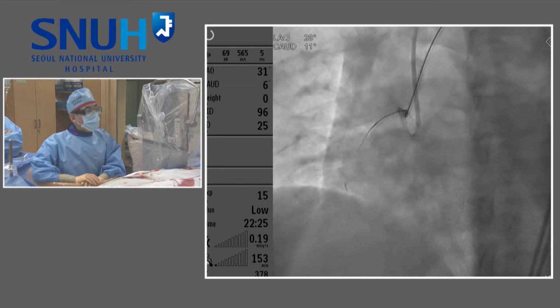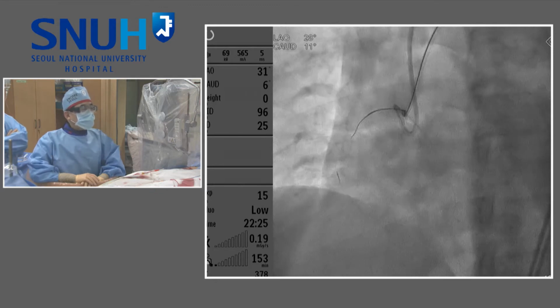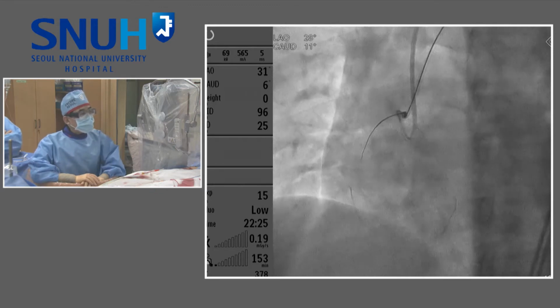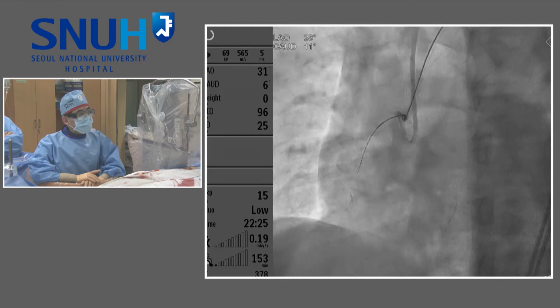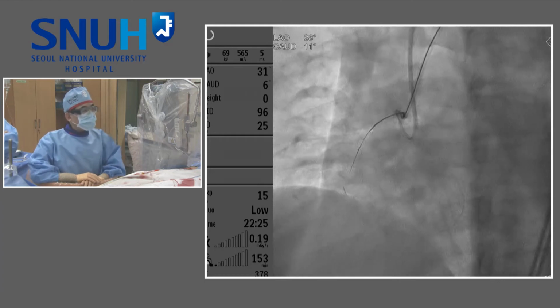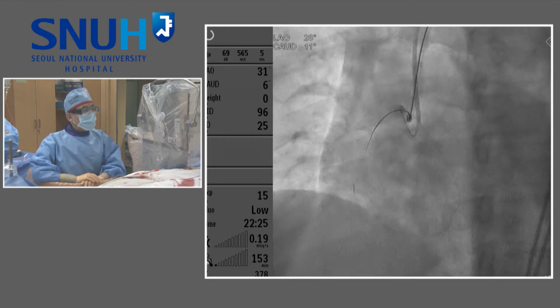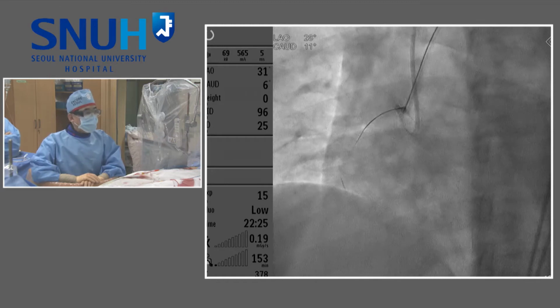The lesion was too hard. Thus I changed to Gaia second, a little bit to the right side direction because previously the left side direction was wrong. So I intentionally avoid the previously made false lumen.